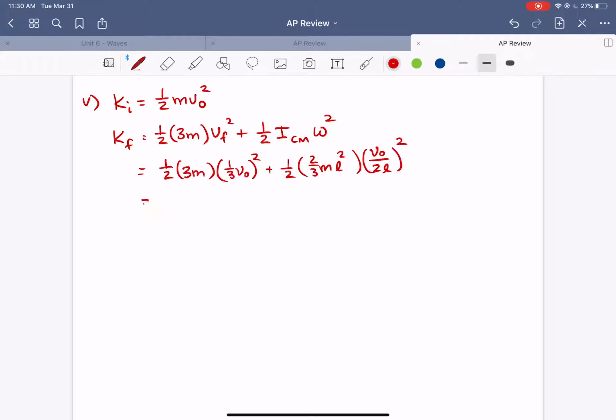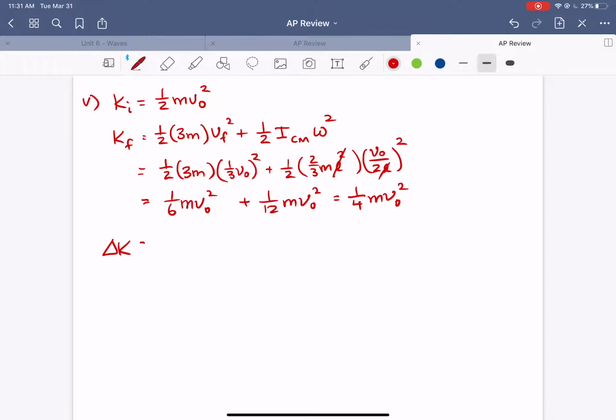So if we work all of this out, this is going to be 1/6 m v squared for the first term, and then notice the L squareds cancel here, so we get m v squared once again. And this is going to be 1/12 m v naught squared. So 1/6 plus 1/12, that's 3/12, which is 1/4 m v naught squared.